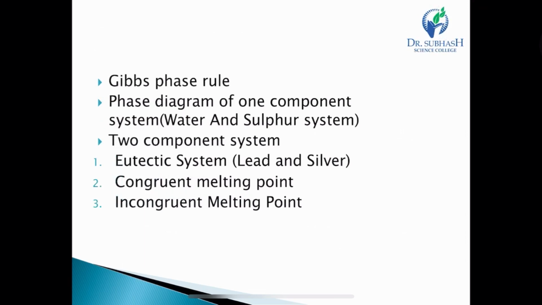Then Gibbs phase rule, phase diagram of one component system, that is, a system where one component is present: water and sulfur system. Further, two component system, in which first one is eutectic system, lead and silver, second one is congruent melting point, third one is incongruent melting point, right?